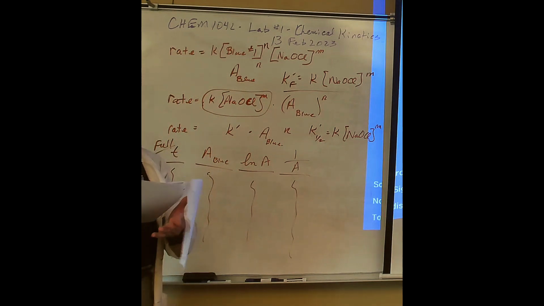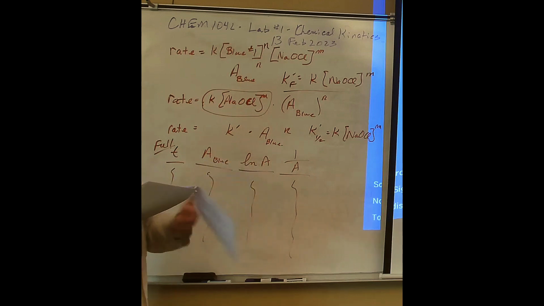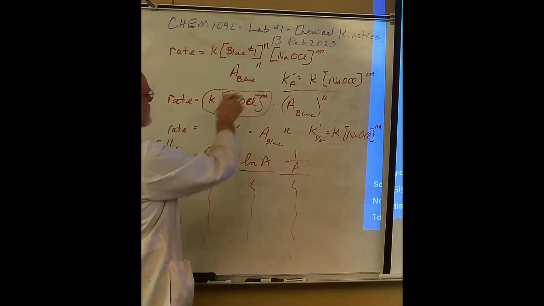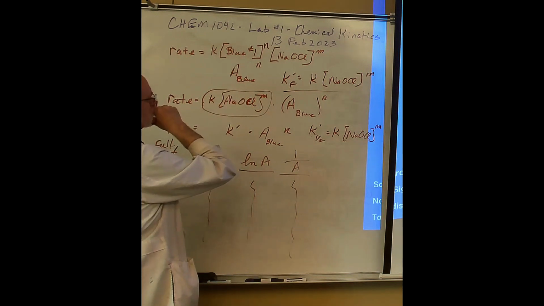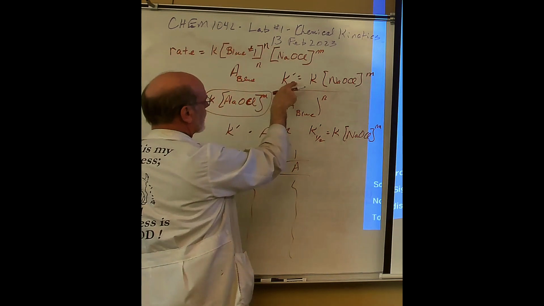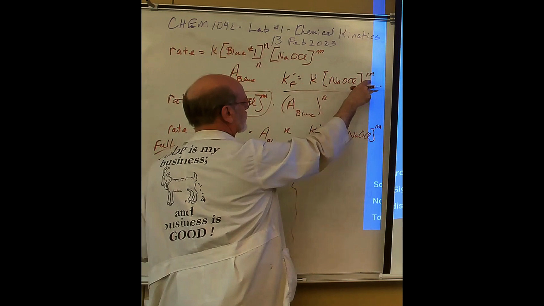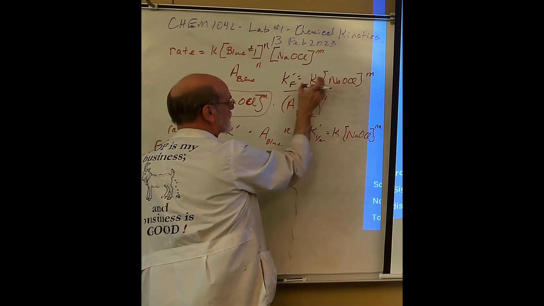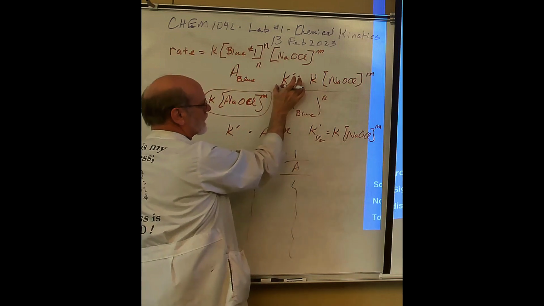And then once you've got the order, you can take the concentration of bleach and the K pseudo rate constant.